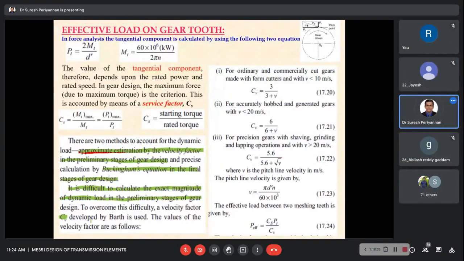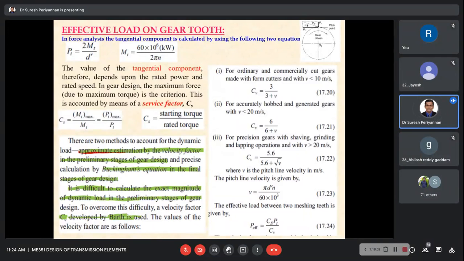Now see here, to overcome this difficulty of dynamic load evaluation in the preliminary stage of gear design, a person introduced the velocity factor. His name is Barth. He might have done a number of research works, and it might have been verified in the laboratory as well as in practical applications.